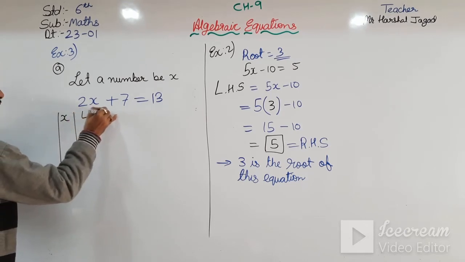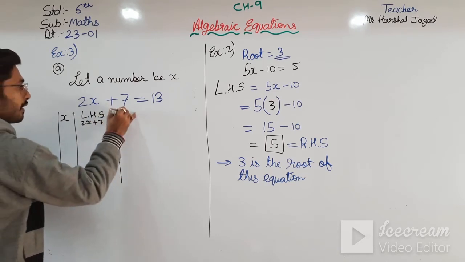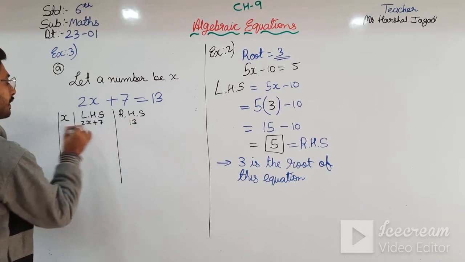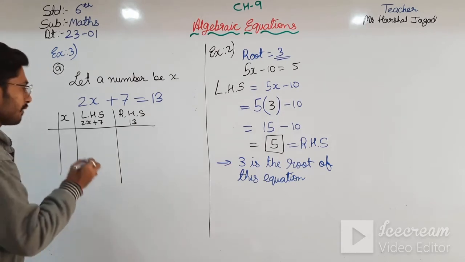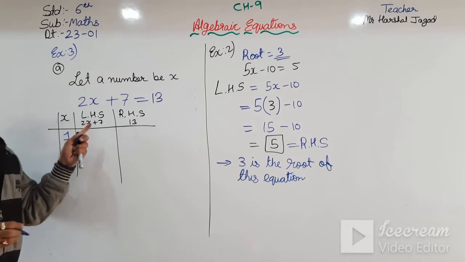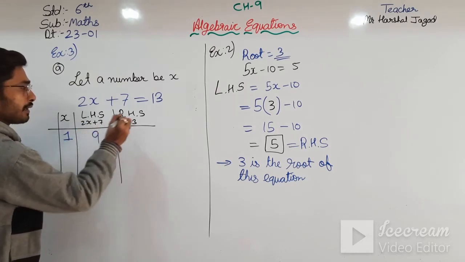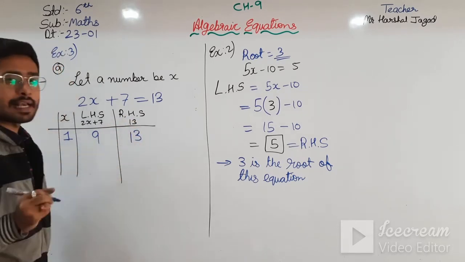LHS is 2x plus 7 and RHS is 13. If I take x equal to 1, then 2 ones are 2, 2 plus 7 is 9, and the RHS has no x, so it remains 13 as it is.